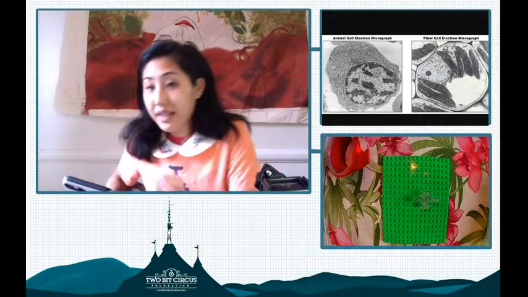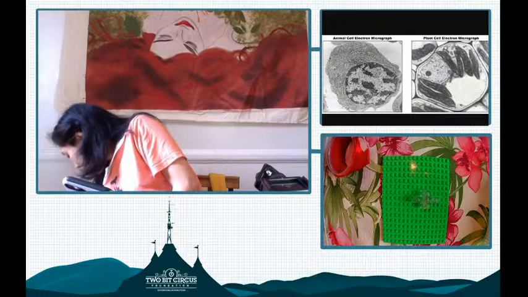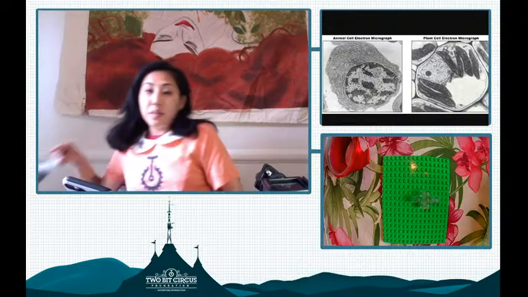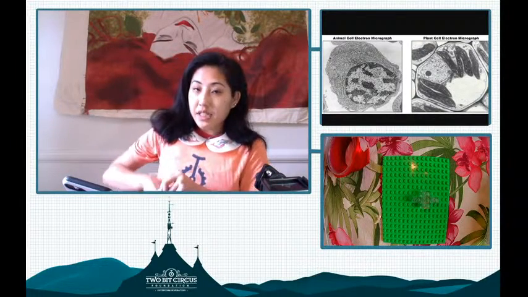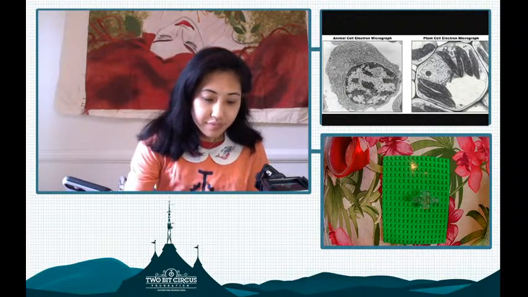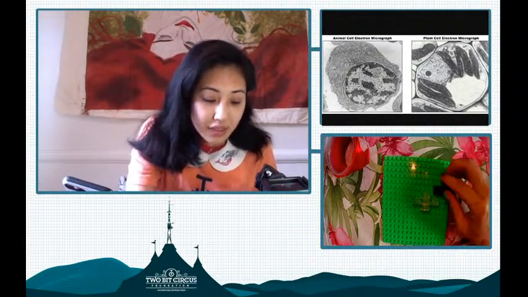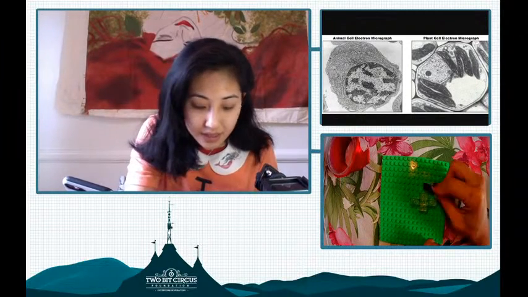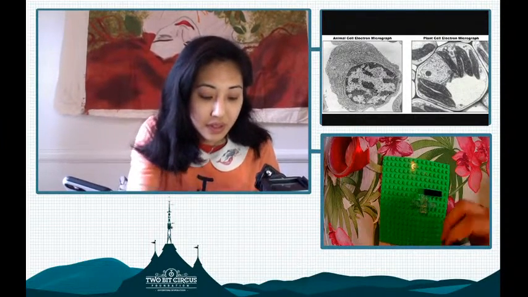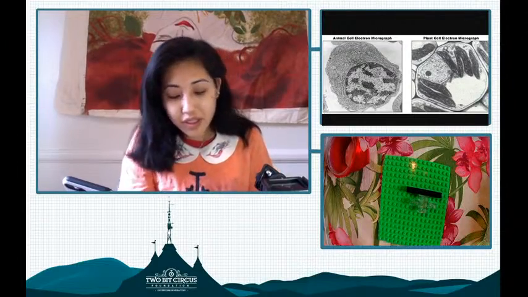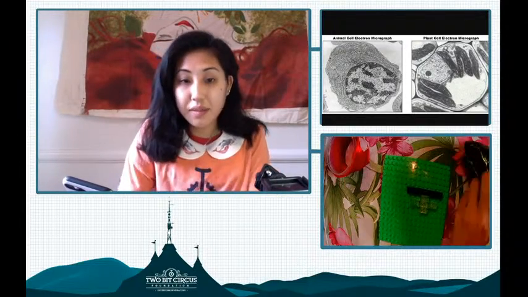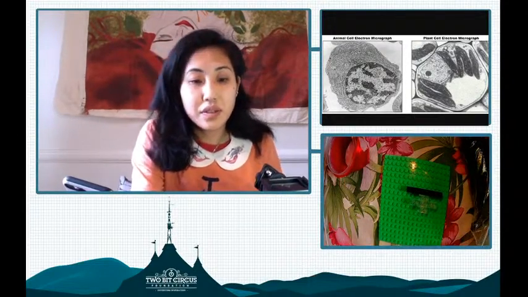All right, and then around that is the endoplasmic reticulum. And I think these flat pieces are the best to express that. Again, parents, while your children are building these pieces, ask them what these important pieces do.